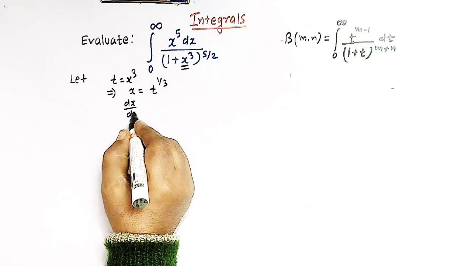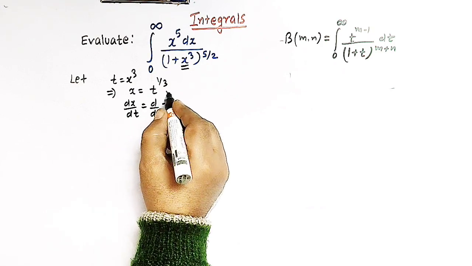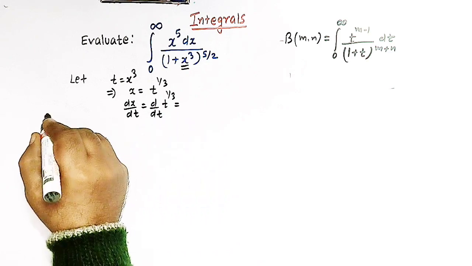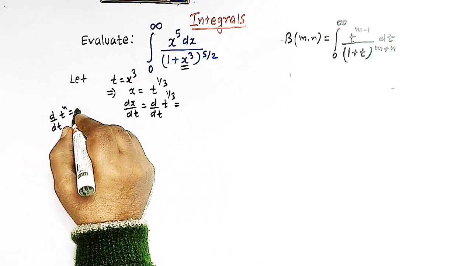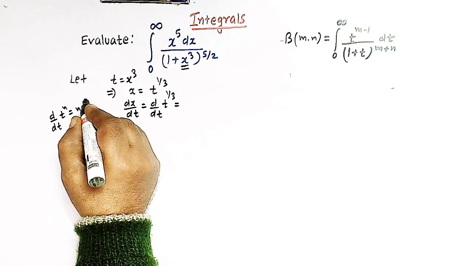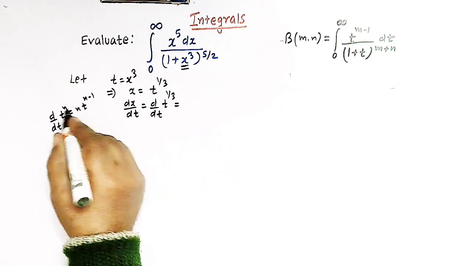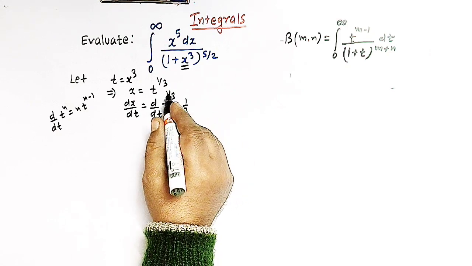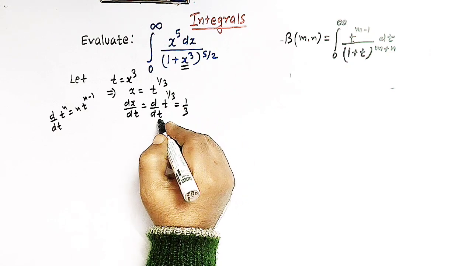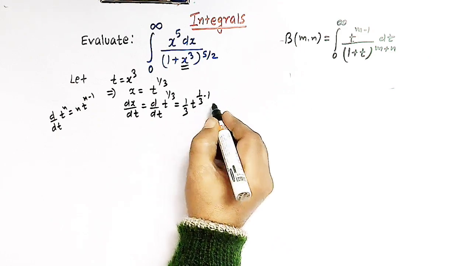So we have dx over dt is d by dt of t raised to 1 over 3, and making use of the power rule, we have n t raised to n minus 1, right? So here the value of n is 1 over 3, so we have the derivative of t raised to 1 over 3 with respect to t as 1 over 3 t raised to 1 over 3 minus 1.